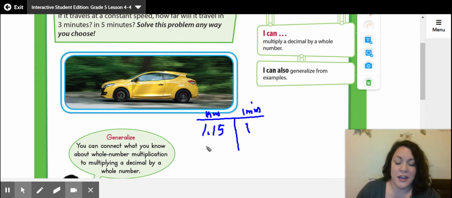You could even add it up. And maybe I'll start there and just say, in 1 minute, we're going 1.15 or 1 and 15 hundredths of a kilometer. So in 2 minutes, I could add those up and then I'll find out how far we'll be going in 2 minutes.